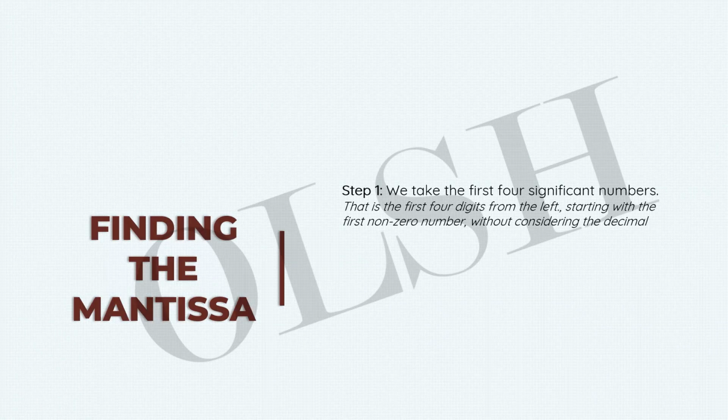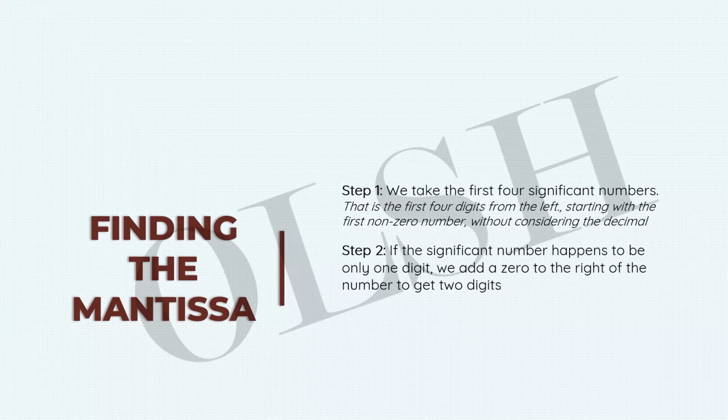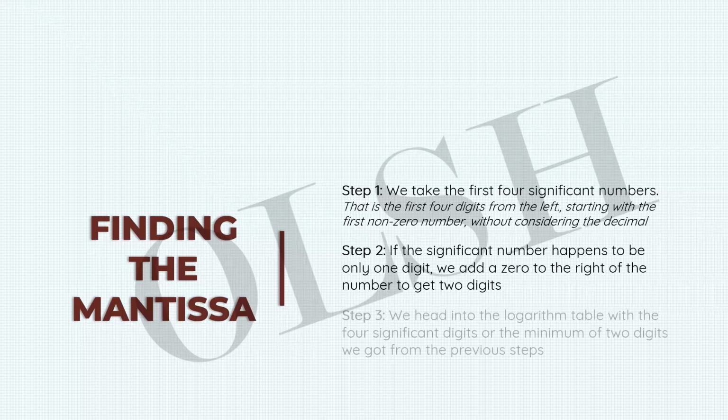We just count from the first digit on the left that is not a 0, count from there downwards, pick up the first 4 numbers, and we move on to step 2. If the significant number happens to just be 1, we add a 0 to the right hand side so we can have 2 digits, because we need a minimum of 2 digits to read off values from the table. Once we do that, we move to step 3.